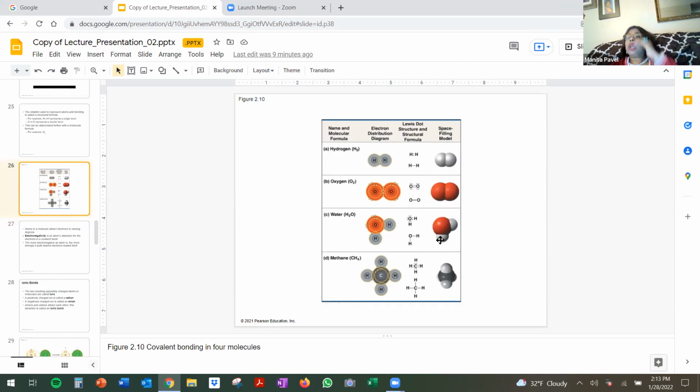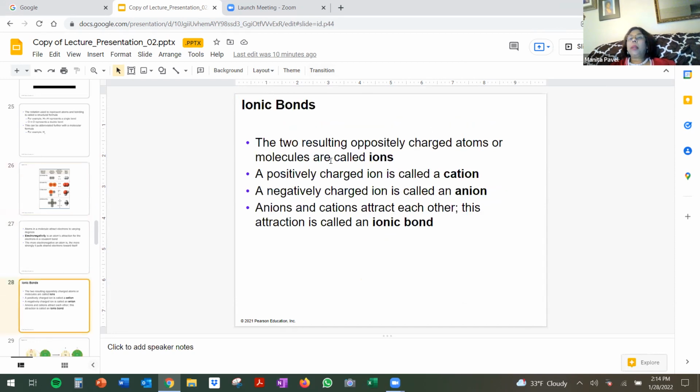I keep reiterating, remember, hydrogen is always electropositive, oxygen is electronegative because it is sharing electrons. Oxygen needs 2 more electrons, so when it receives electrons, it becomes negatively charged. And that's what we are going to talk about in an ionic bond.